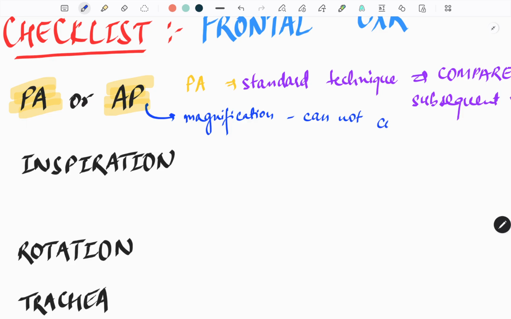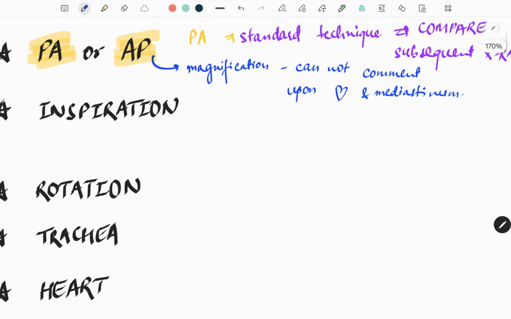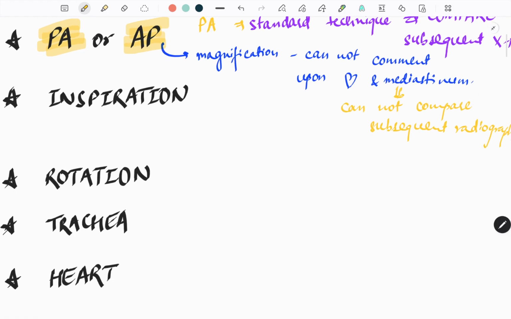We cannot comment upon the heart and mediastinum. We cannot compare subsequent radiographs.